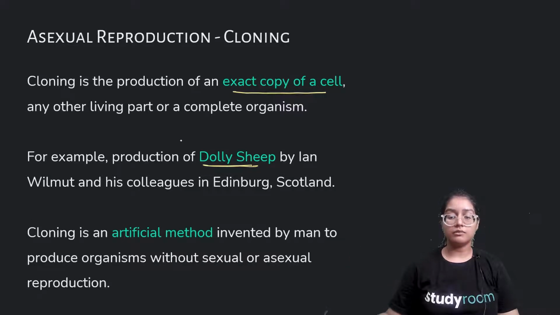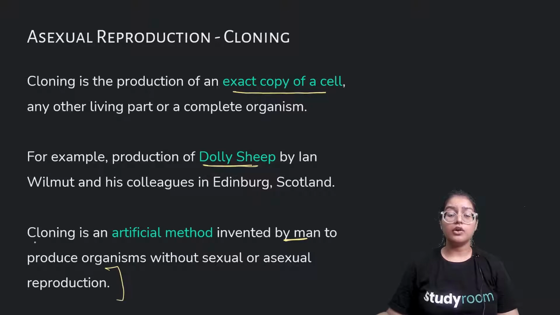Cloning was developed by Ian Wilmut and his colleagues in Edinburgh, Scotland. So Dolly was a clone. She is dead now. Cloning is an artificial method invented by man. It is an artificial method to produce organisms without sexual or asexual reproduction.